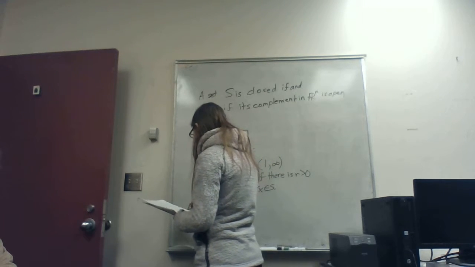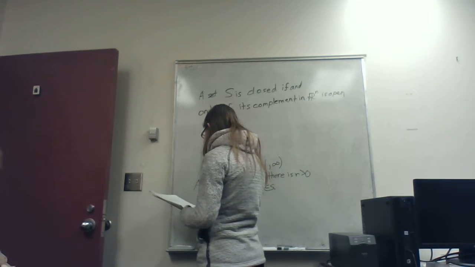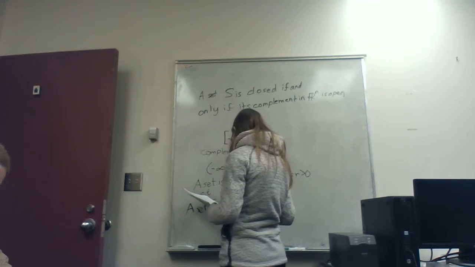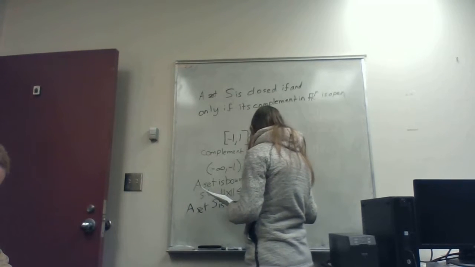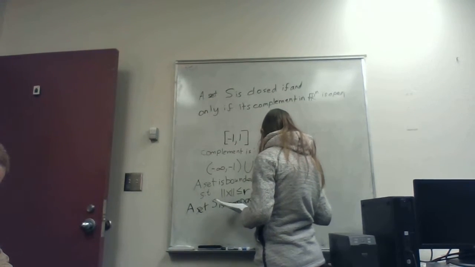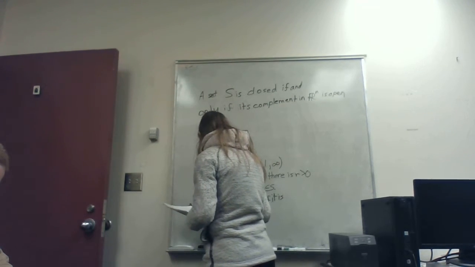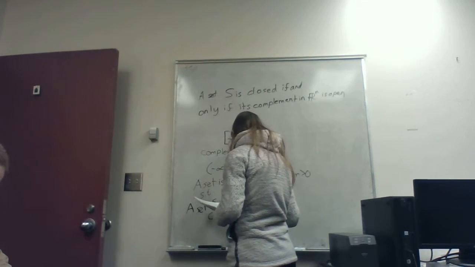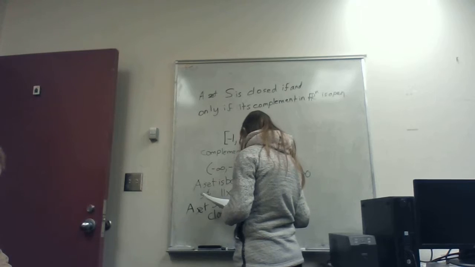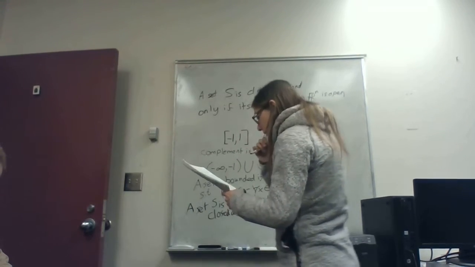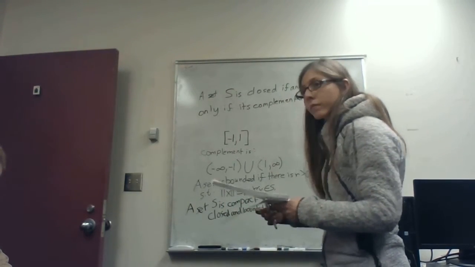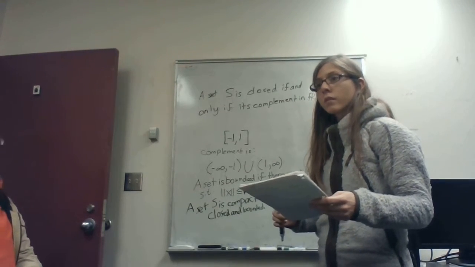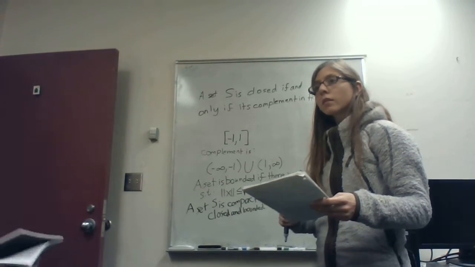Here we have a definition of a compact set. A set S is compact if it is closed and bounded. I think I'll ask the same question as before. Oh no, that's fine. If a set is closed, is it not at the same time bounded?